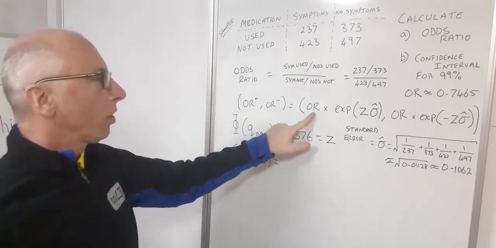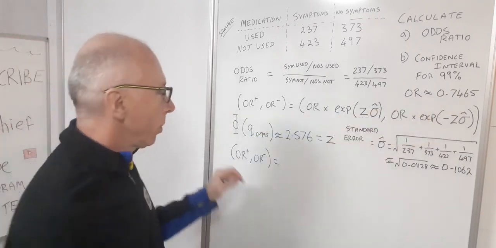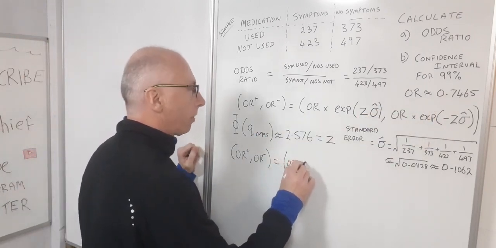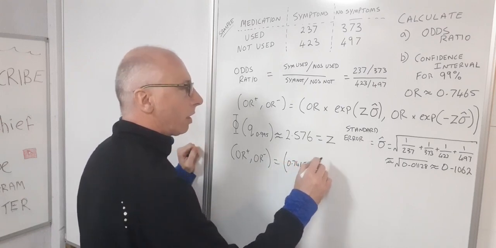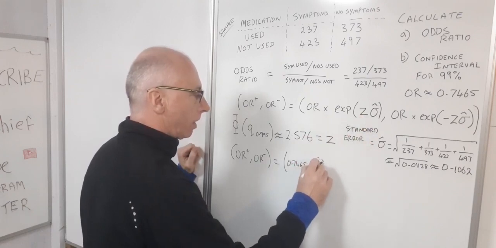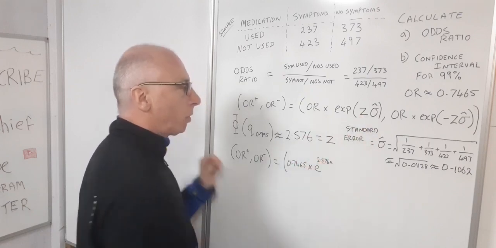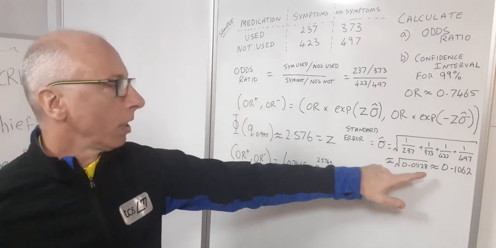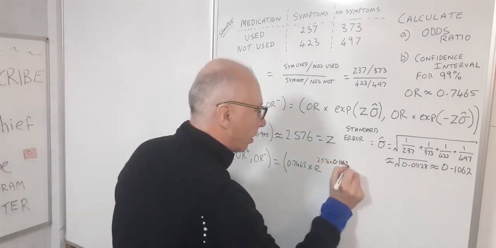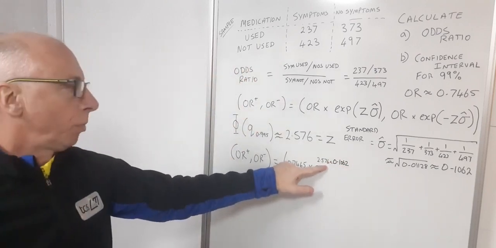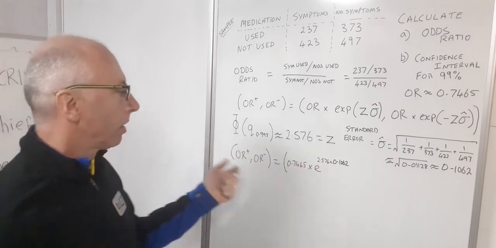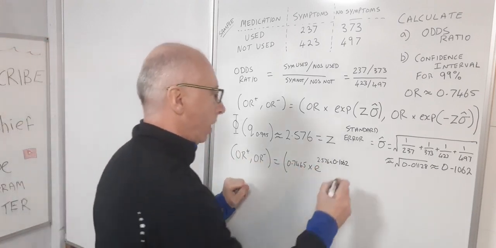That equals our odds ratio, which is 0.7465, times e to our z value, which is 2.576, multiplied by our standard error, which is 0.1062. So that will come to around about 0.26, 0.27, something like that. We'll plug that in the calculator and that will give us our value.